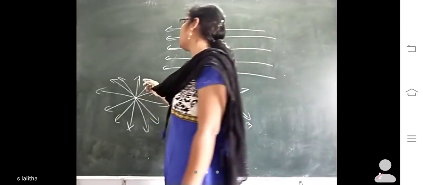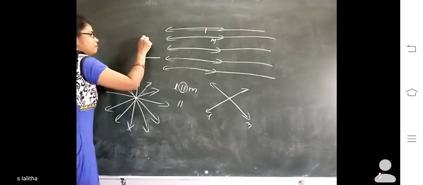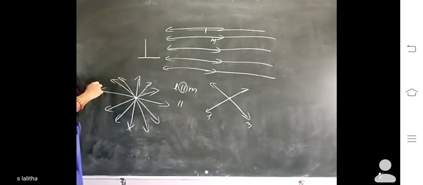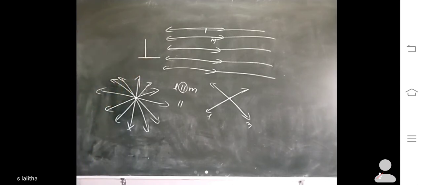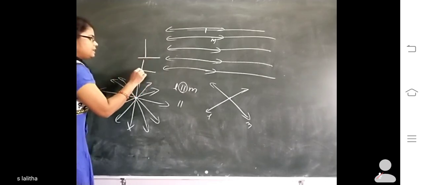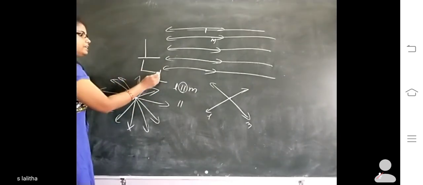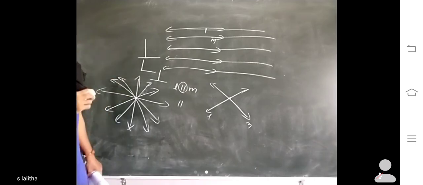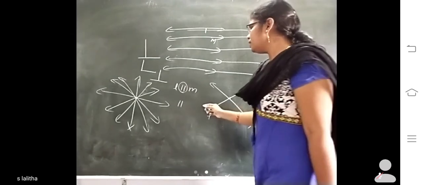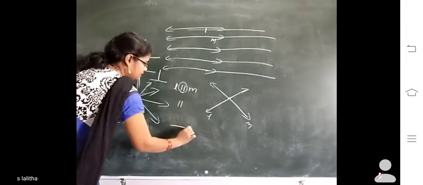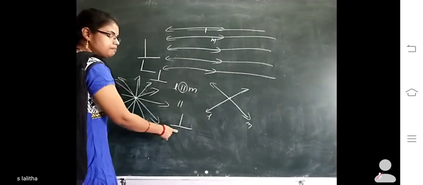The horizontal line and the vertical line meet at one point, and that is called perpendicular lines. Where 90 degrees touch, we call them perpendicular lines. This is the perpendicular symbol, and this is the parallel symbol.